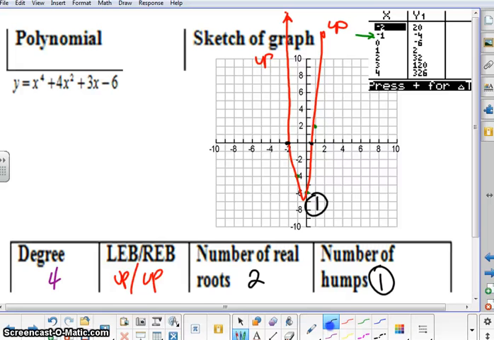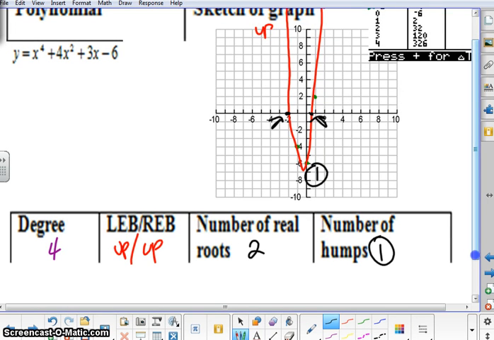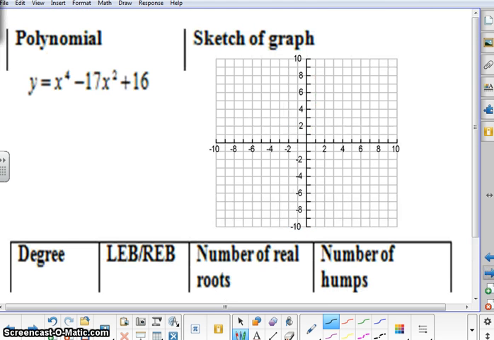So it could be 3, it could be 2, it could be 1. And then how are you going to find what those values are is the rational root theorem, and that's going to help you find out what the x-intercepts are.